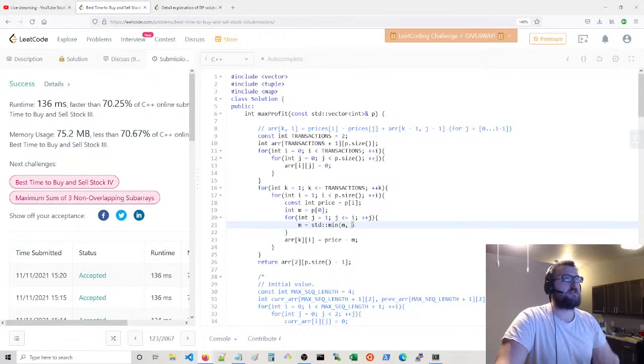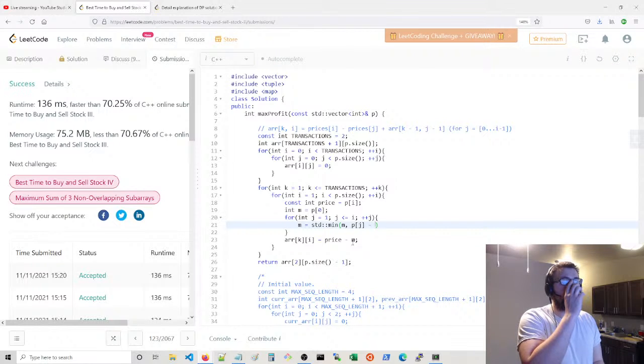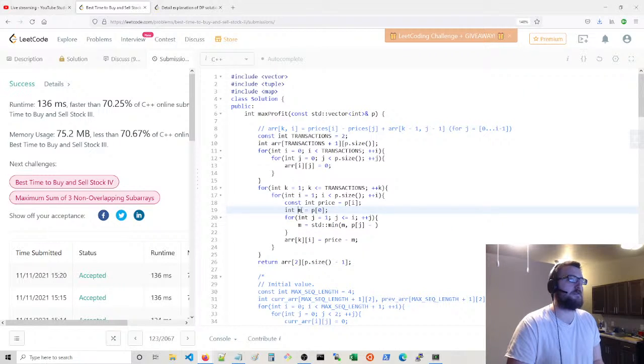And this minimum value, we're taking this prices of j, so we'll say p of j minus, or p of 0 is 0, right? Or, well, yeah, we don't need to, we could start m off here. That's fine. And skip 0, right?